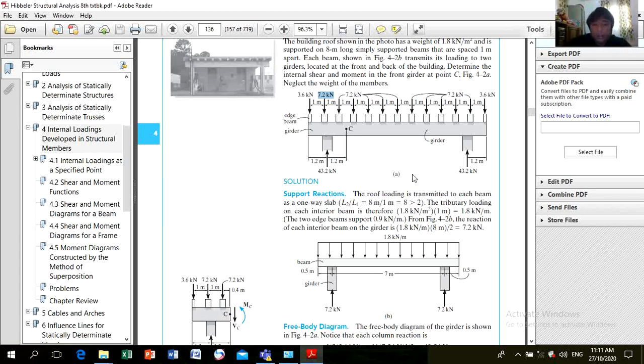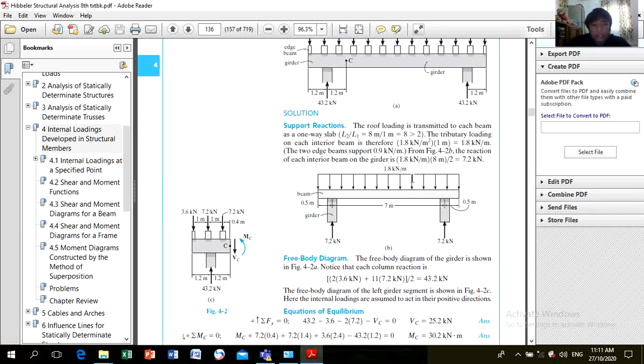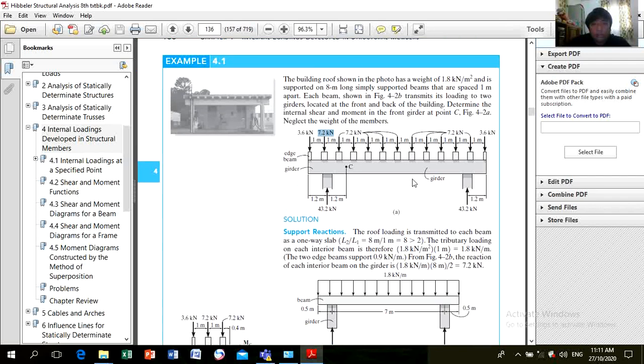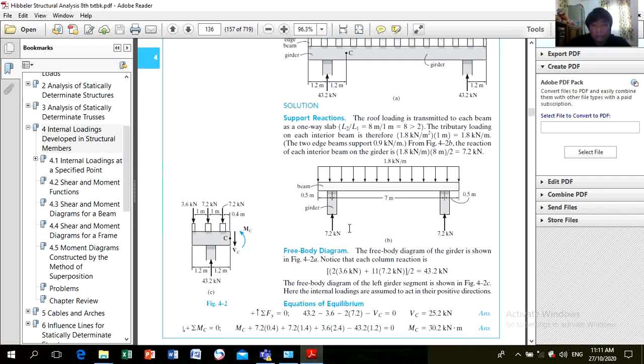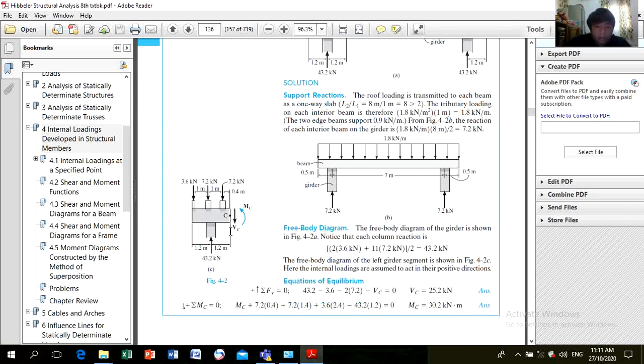Okay? So to determine the internal shear and moment, we already determined the support reaction. Now we can go to the free body diagram. At point C, you put an imaginary cut.